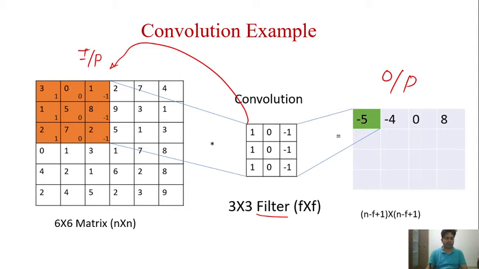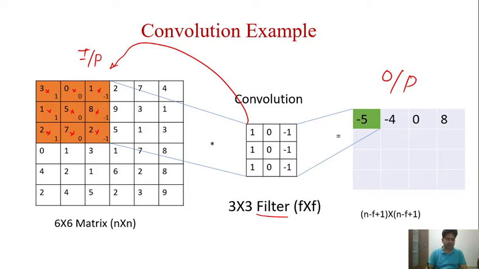Now once it is covered, we will multiply 3 into 1 plus 1 into 1 plus 2 into 1 plus 0 into 0 plus 5 into 0 plus 7 into 0 plus 1 into minus 1 plus 8 into minus 1 plus 2 into minus 1.